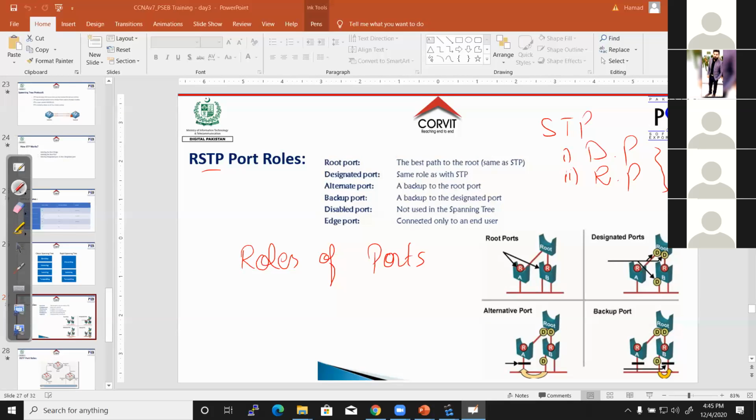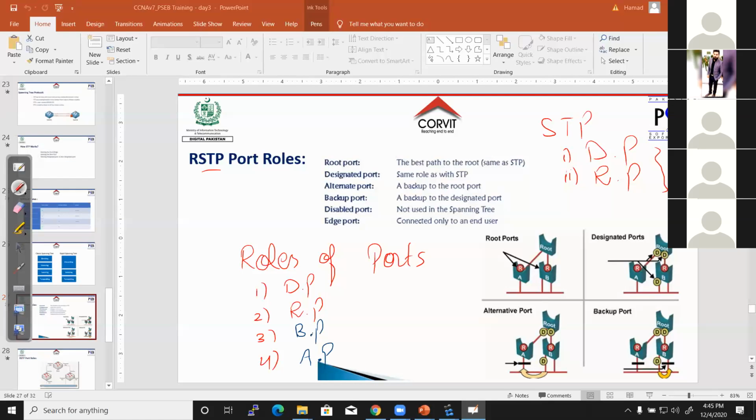There were only 2 roles of the ports. But in RSTP, there are 4 roles of the ports. The first 2 are the same, the designated port and the root port, but they have added 2 more, which we call the backup port and the alternate port.